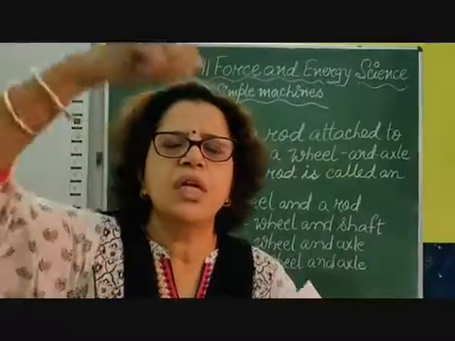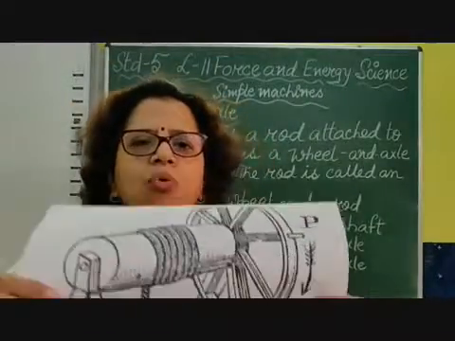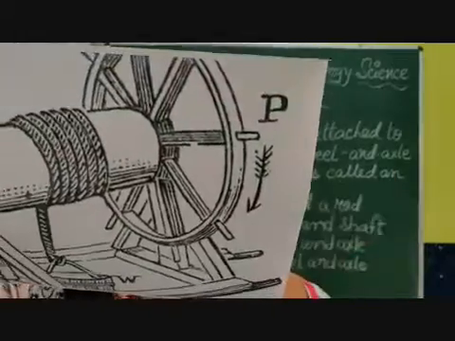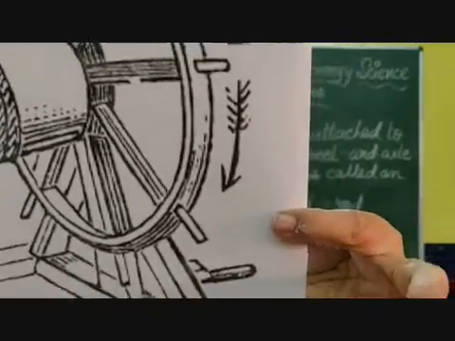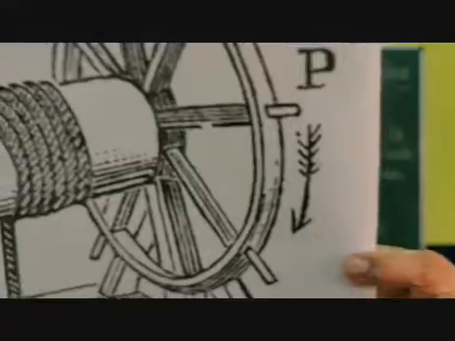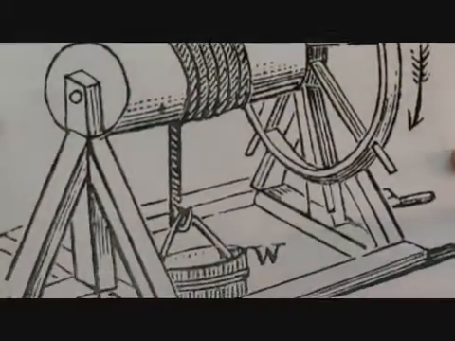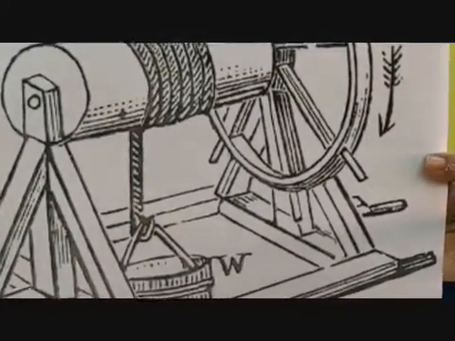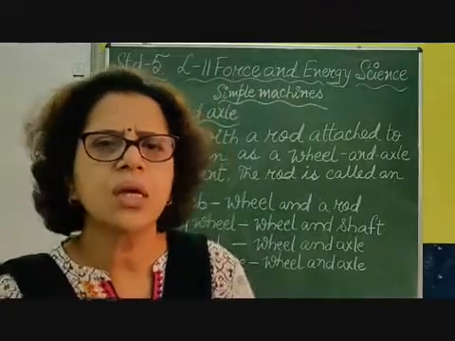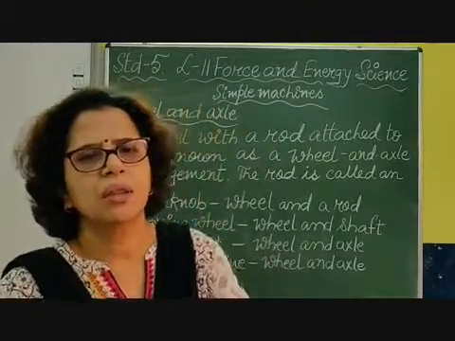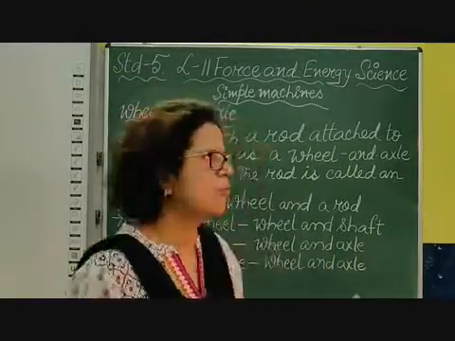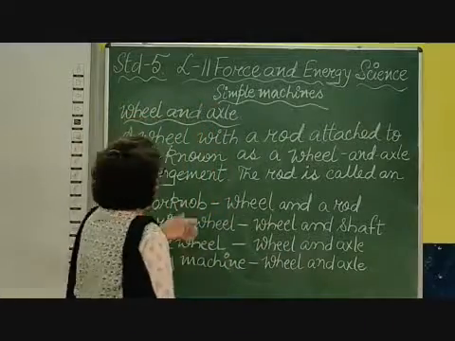Only when you move this handle, then it starts moving and the stitching is done. Okay. So this is your wheel and axle. And children, with these types of small machines, the bigger machines function, and one of these is the wheel and axle, which I just explained.